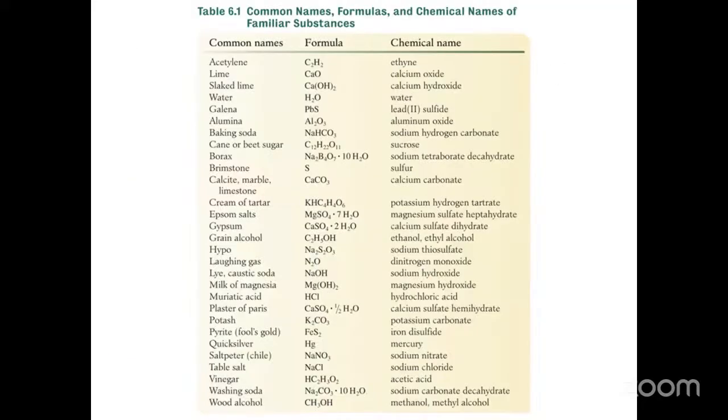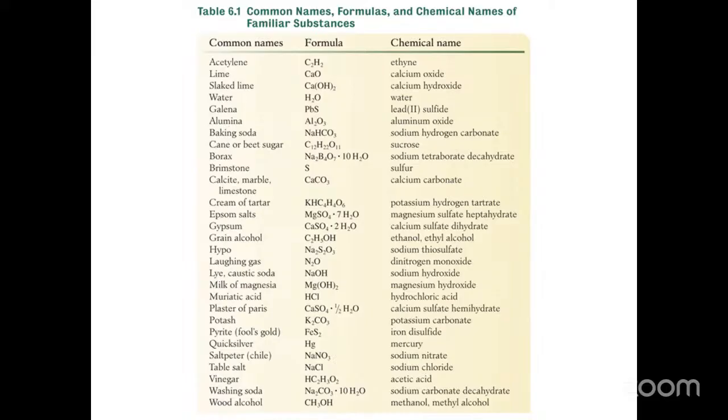Just to give you an idea, without even knowing all the rules, of the difference between the common names and the chemical names: for this compound here, CaO, that's a formula, the common name is lime, but the chemical name is calcium oxide. You can clearly see that from the chemical name, even if you don't know what the rules are, it gives you some idea as to the composition.